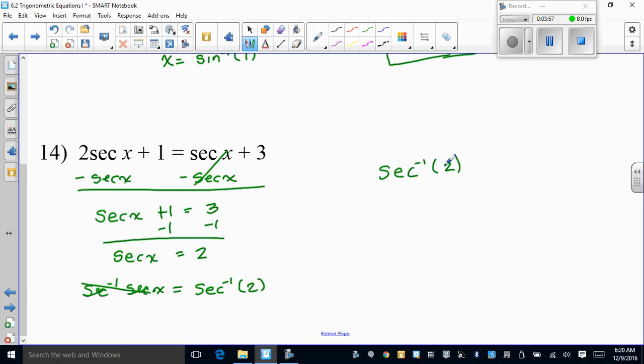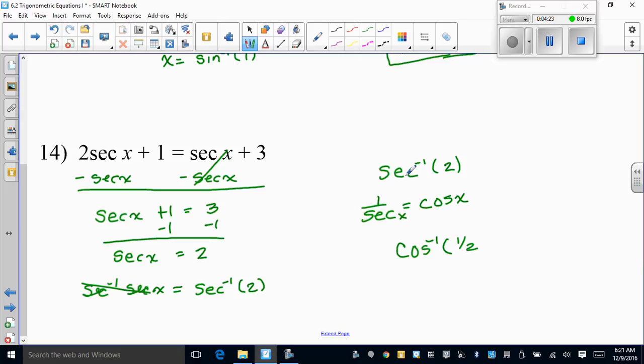But unit circle doesn't have secant. But you guys know your reciprocals now. And so 1 over secant equals cosine. So I can rewrite this as arc cosine of 1/2. Notice I took the reciprocal of both. Reciprocal of secant is cosine, reciprocal of 2 is 1/2.